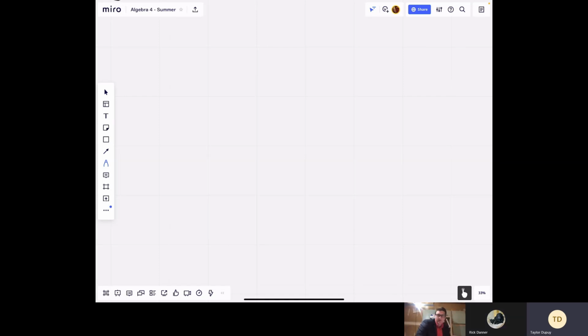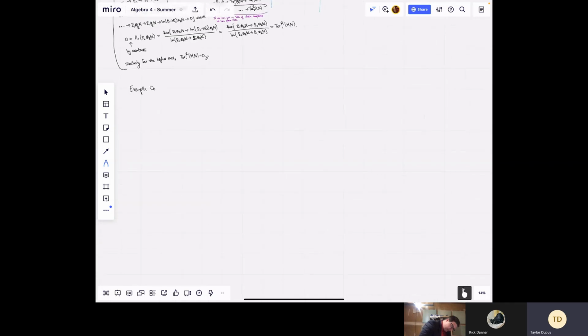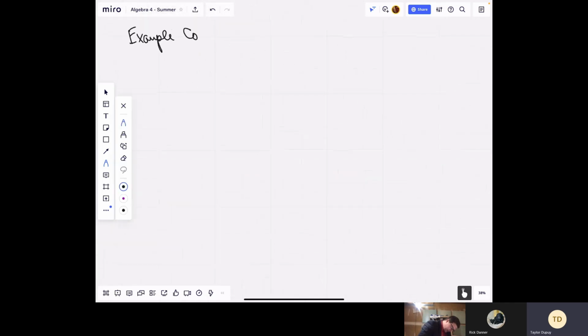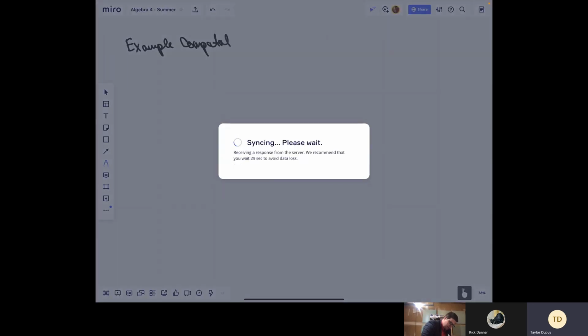Okay, maybe we should just go. So yeah, I'm going to do some example computations. Should I make this bigger? Maybe a little bit bigger. Example computations.